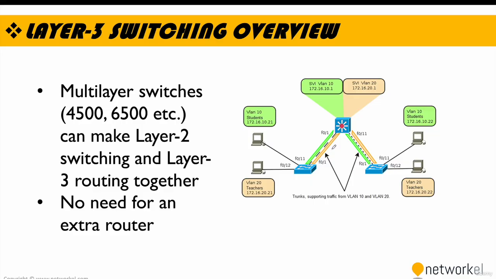For this purpose, we need to configure interfaces called SVIs, which means switch virtual interfaces, for each VLAN, and put an IP address on each. This IP address can be used by computers as their default gateway.